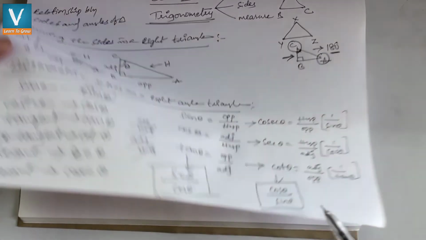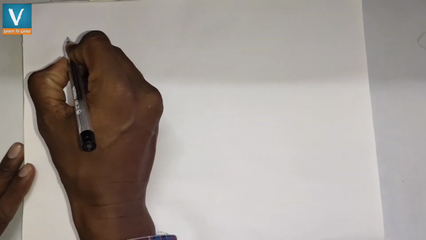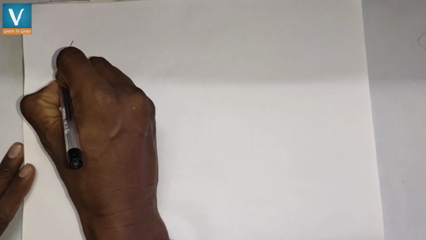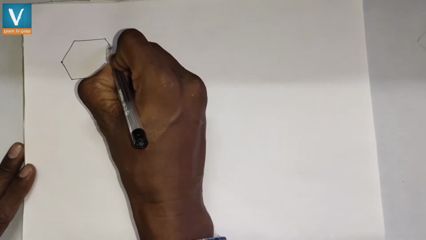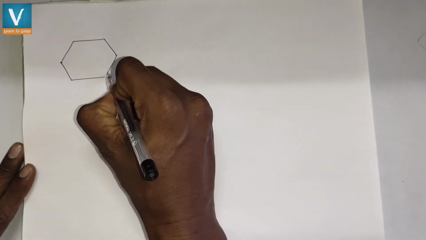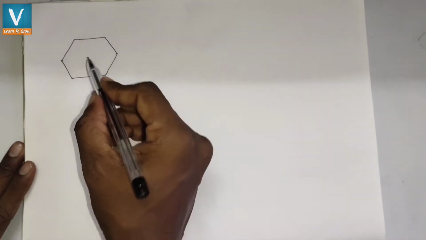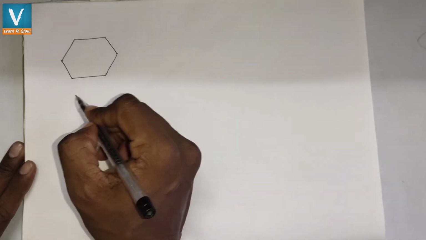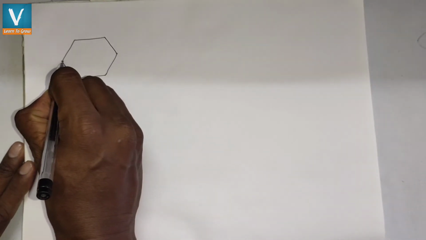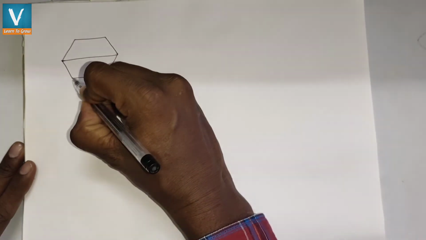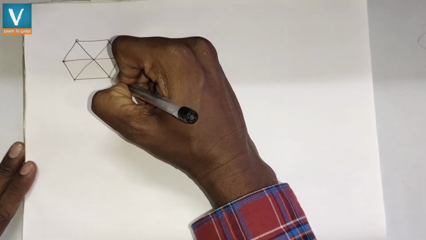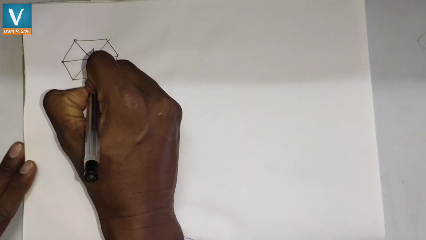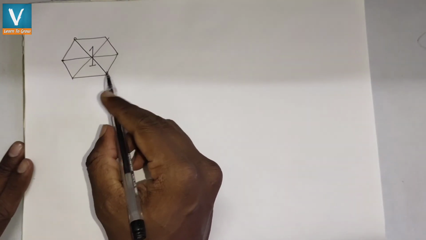I am drawing a hexagon, a polygon consisting of 6 sides. I am drawing the vertices like this. In the middle I am writing 1.